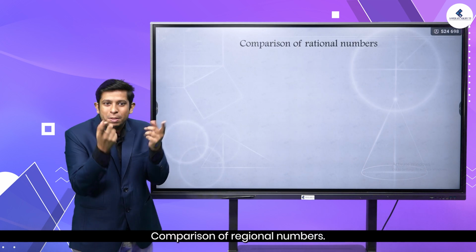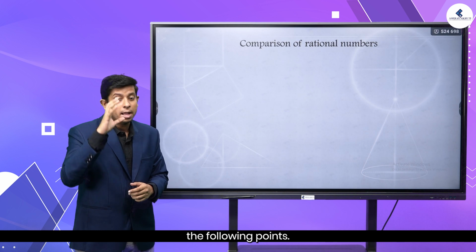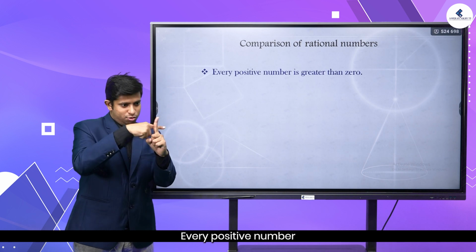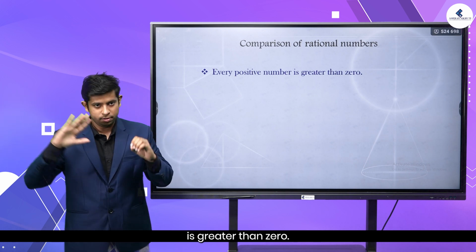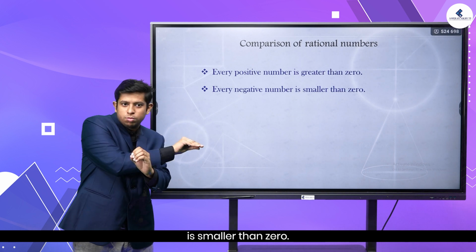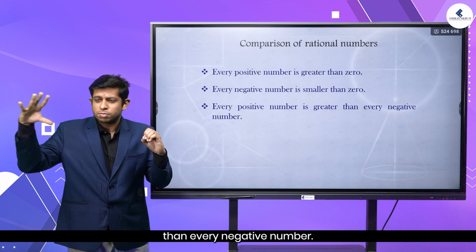Comparison of rational numbers. It is useful to remember the following points. Every positive number is greater than 0. Every negative number is smaller than 0. Every positive number is greater than every negative number.